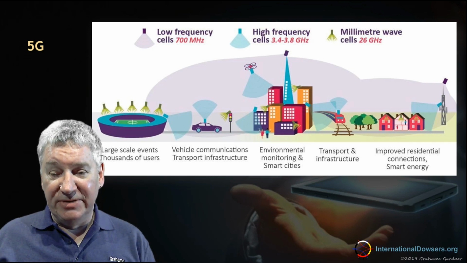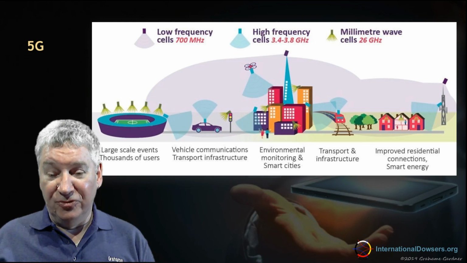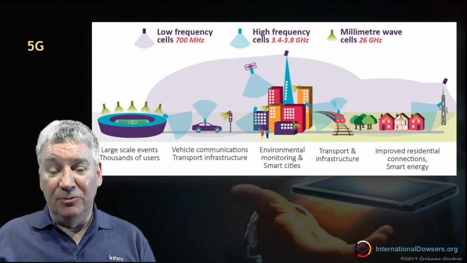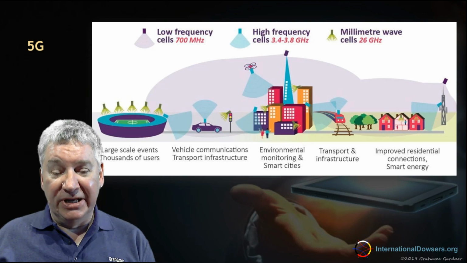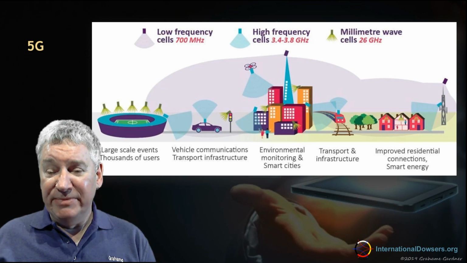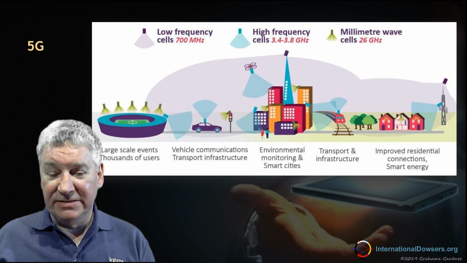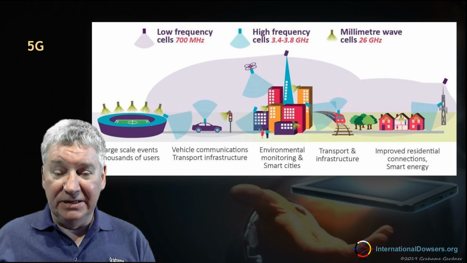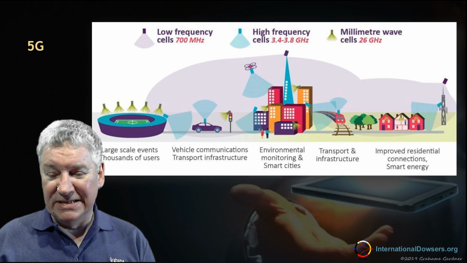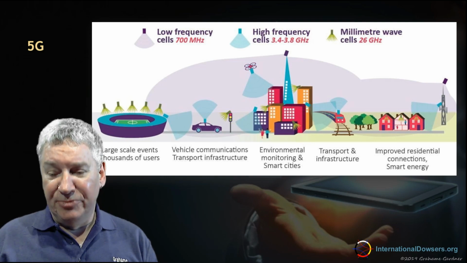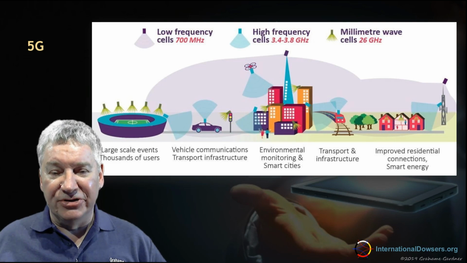High frequency cells, 3.4 to 3.8 gigahertz, the 4G bands or the 4.5G bands, will provide more dense communications where needed. The millimeter wave cells up to the 26 gigahertz are going to be used for large scale events, vehicle communications, environmental monitoring, smart cities and so on, and improved residential connections and smart energy.